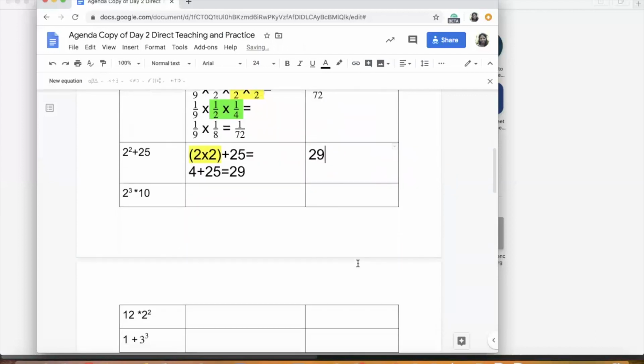Okay? All right, so our next problem is 2 to the third power times 10. So for this one, we're going to write 2 three times. You can also say 2 to the third power as 2 cubed times 10. And I'm going to highlight my pairs because 2 times 2 is 4.